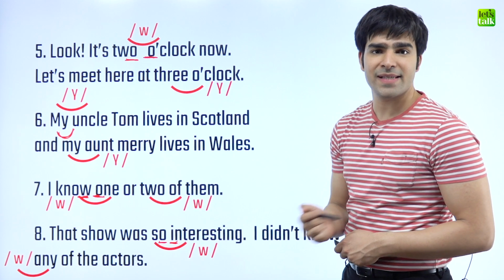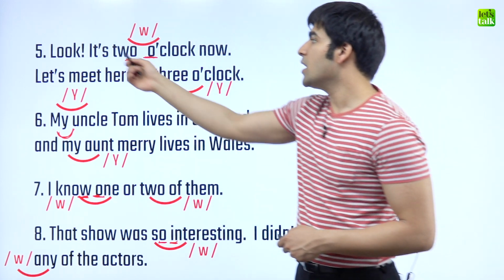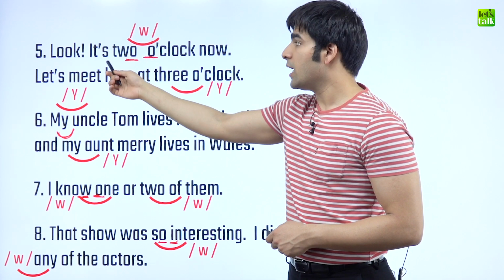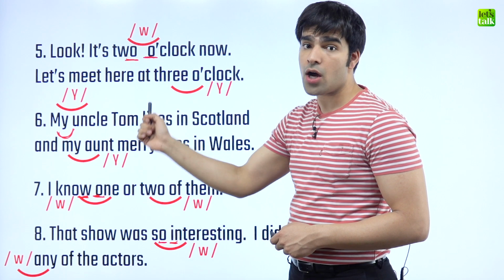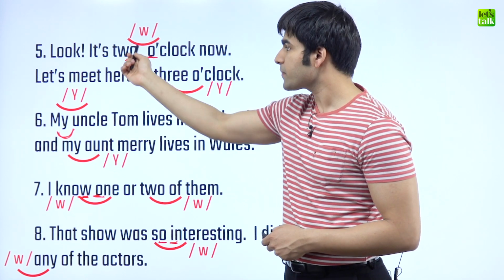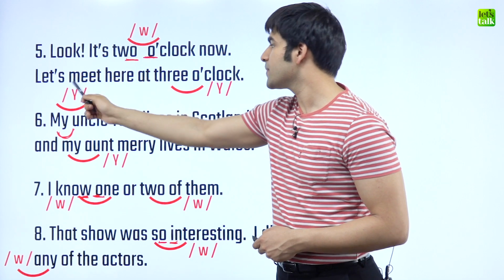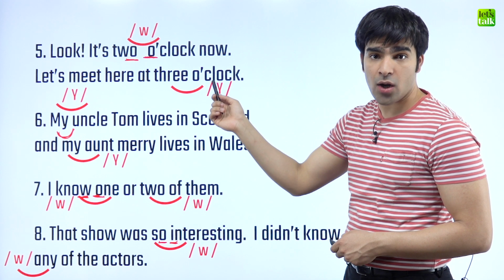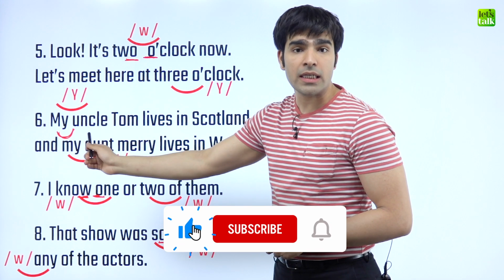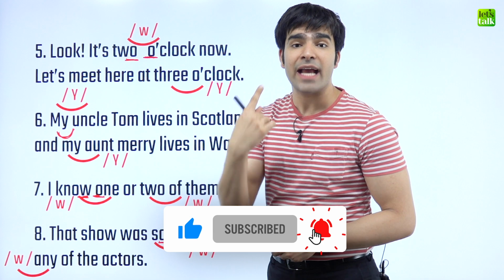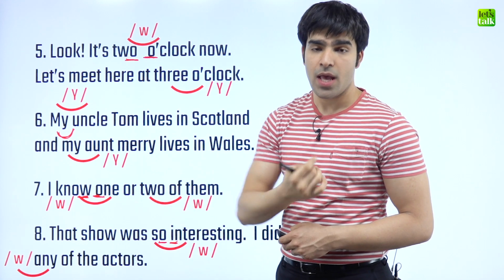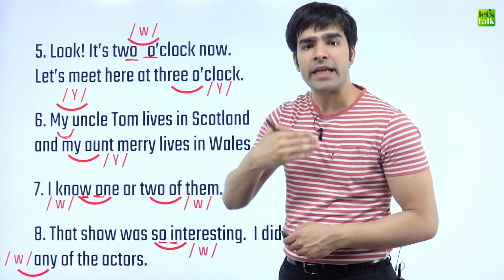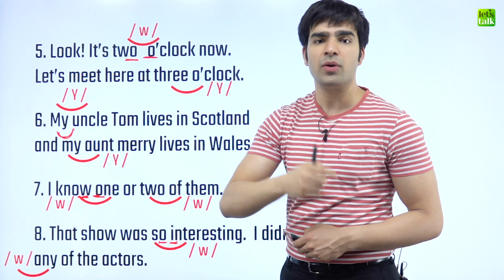Let's say all of these sentences one more time. Please repeat after me. It's 2 o'clock. Say these sounds in between. Don't break the word, 2 o'clock. It's 2 o'clock. At 3 o'clock. My uncle. Intentionally pronounce the ya sound because that's when it'll come most naturally. Initially, it'll sound a little fake, but then after that, you'll get the hang of it.